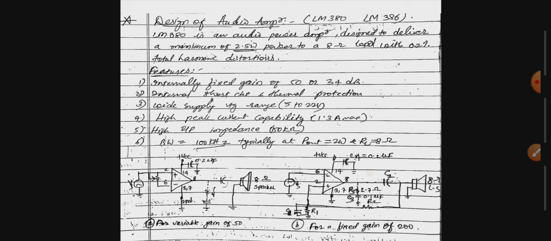Internal short circuit and thermal protection circuitry is already built inside the IC. It has a wide supply voltage range, from 5 volt to 22 volt. Then high peak current capability of 1.3 ampere maximum. It has very high input impedance, which is the requirement of an ideal amplifier, and practically it is 150 kilo ohm for IC LM380. Bandwidth is also good, up to 100 kilohertz typically, at an output power of 2 watt and a load resistance of 8 ohm.